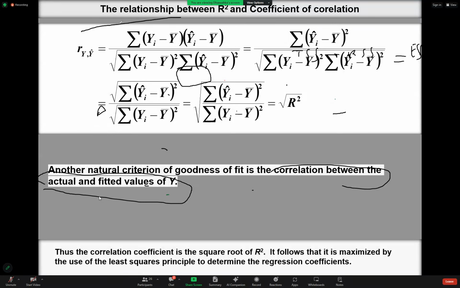Now this formula shows how to calculate the correlation coefficient between y and y hat. Y is the actual value, y hat means the predicted value. Now this formula you can summarize like this.